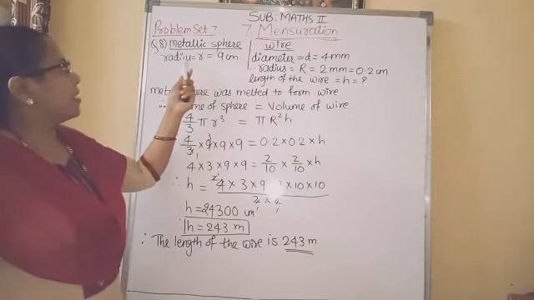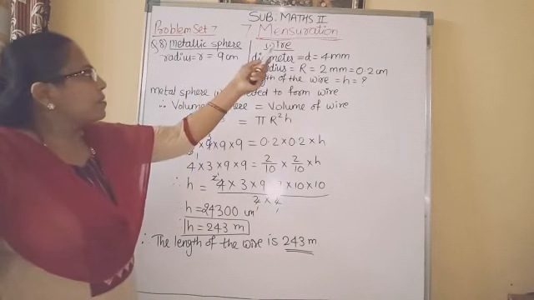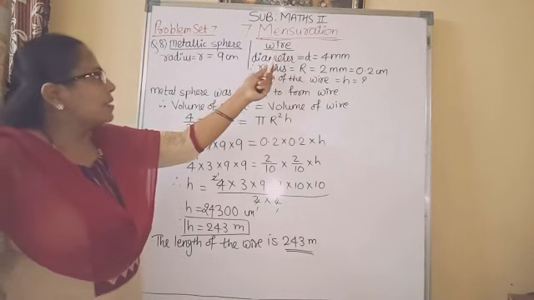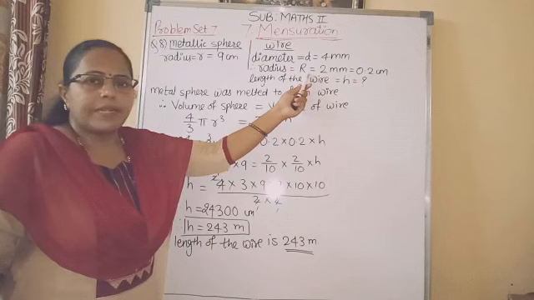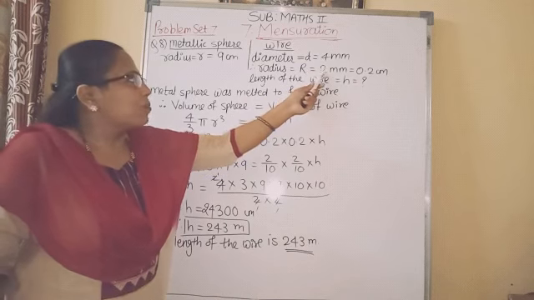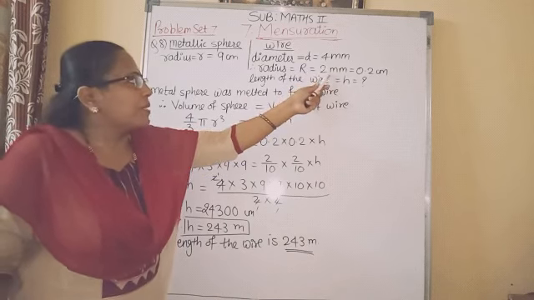Metallic sphere, its radius r is given, 9 centimeter. Next is the wire, its diameter is given, 4 millimeter. So radius is capital R, 2 millimeter, the 4 divided by 2. Convert it into centimeter. 10 millimeter is equal to 1 centimeter.